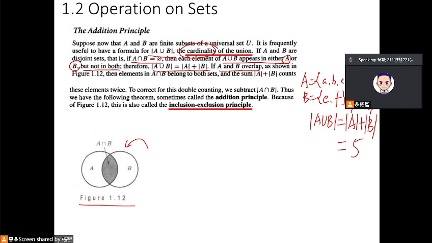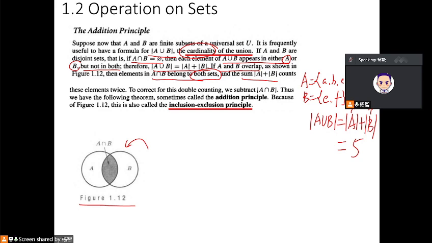Therefore, the elements in the intersection of A and B belong to both sets, and the sum of the cardinalities of A and B counts these elements twice.